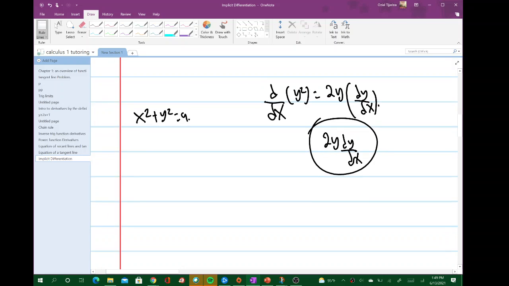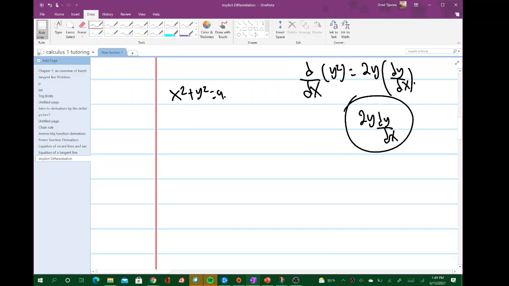So it'd be 2y dy dx. That's how it works. The derivative of x squared is really 2x dx dx, so that cancels out, that's just 1. And then here it's going to be 2y dy dx equal to 0.